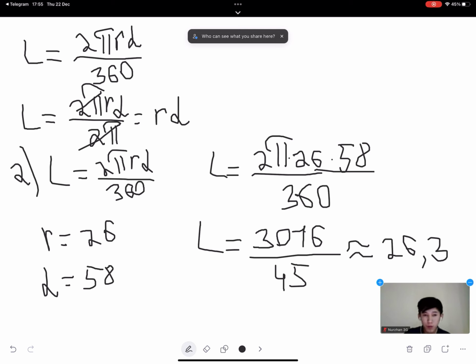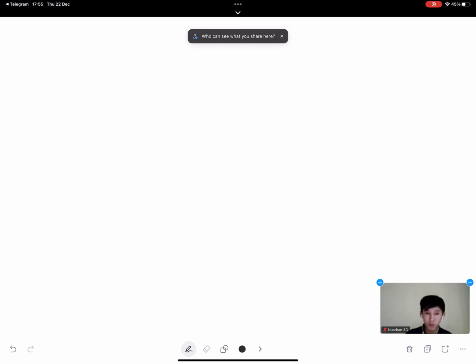Next is the sector of the circle and area of the circle, and a sector is a part of a circle bounded by two radii and an arc.